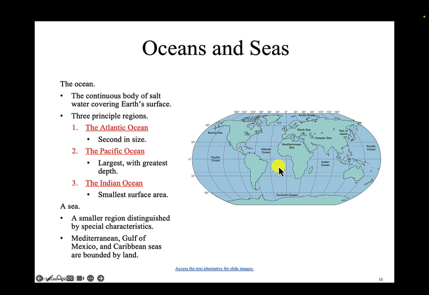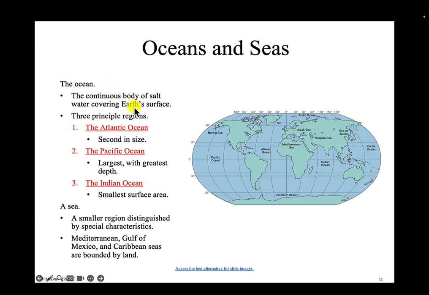I happen to forget those things. Hopefully you still remember the name of the mid-something that is found in the middle of the Atlantic Ocean. And then we have the Indian Ocean, which is the smallest ocean on Earth.